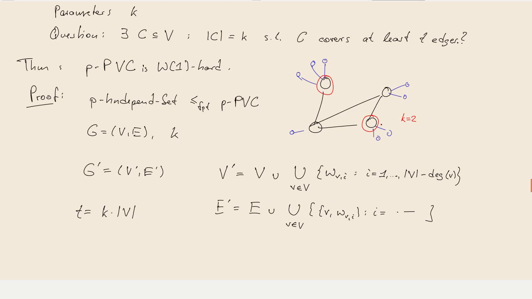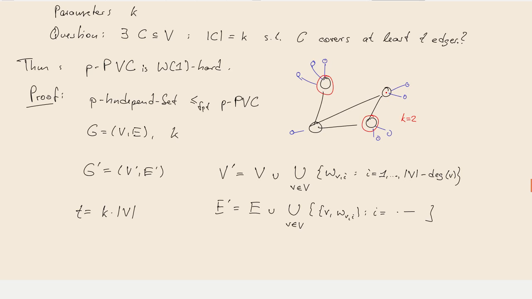Now if we are given a partial vertex cover in the new graph, there's no guarantee that we only pick black nodes. It might happen that we have some blue nodes as well. But if we ever pick a blue node, we can either remove it from the partial vertex cover if the black node is also in, or if the black node is not in, then we're better off picking that node instead of the other one.